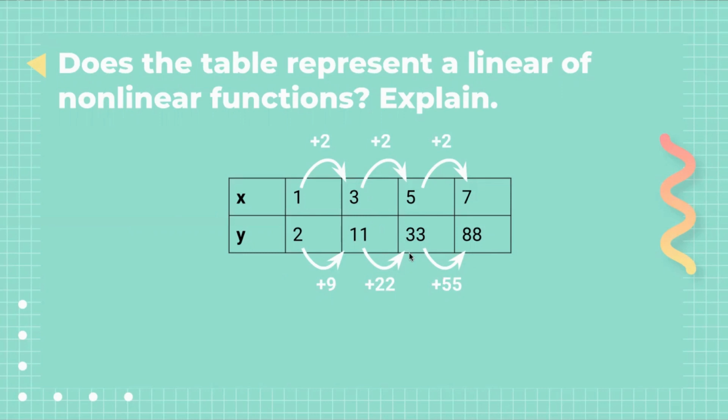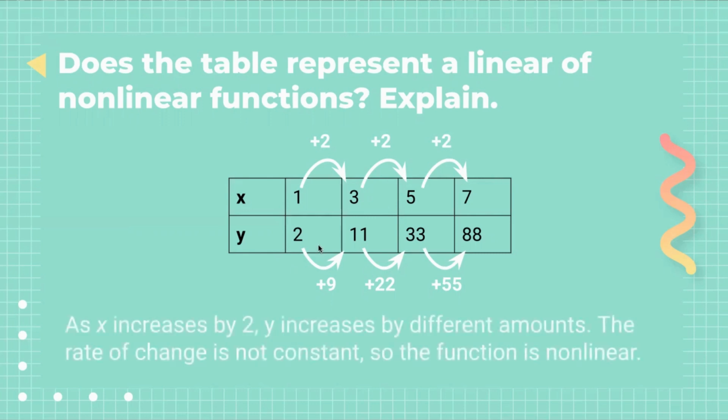You're no longer adding or subtracting the same amount between each y value. Although it might be constant in your x's, it needs to be constant in both your x and y's. And so as x increases by 2, y increases by different amounts. The rate of change is not constant, and so the function is not going to be linear.